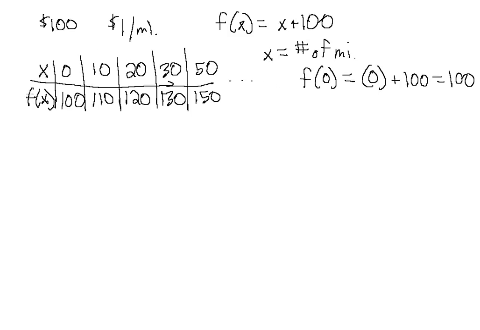When we write out a table of values for our function, we're actually writing out points on the line of the graph of the function. Here we have the point 0, 100. Here we have the point 10, 110, 20, 120. So for the particular x value, we have a particular f of x value. We plot these points and just connect them with a line, and that's how we graph our function.